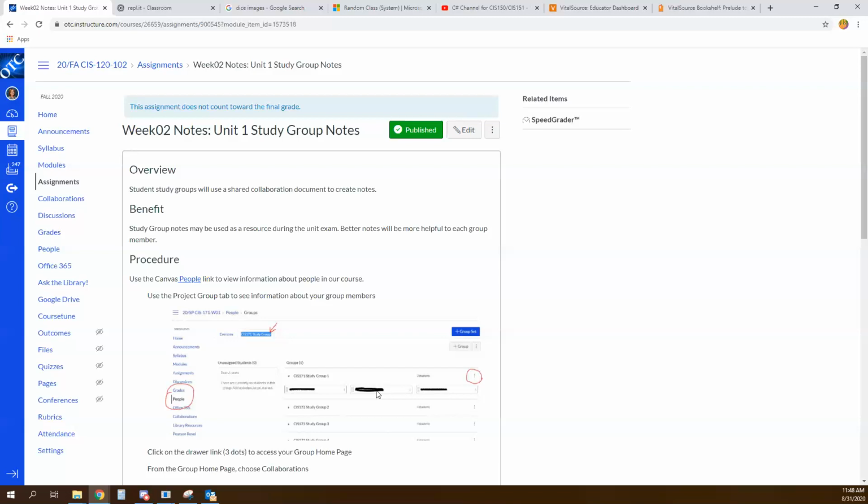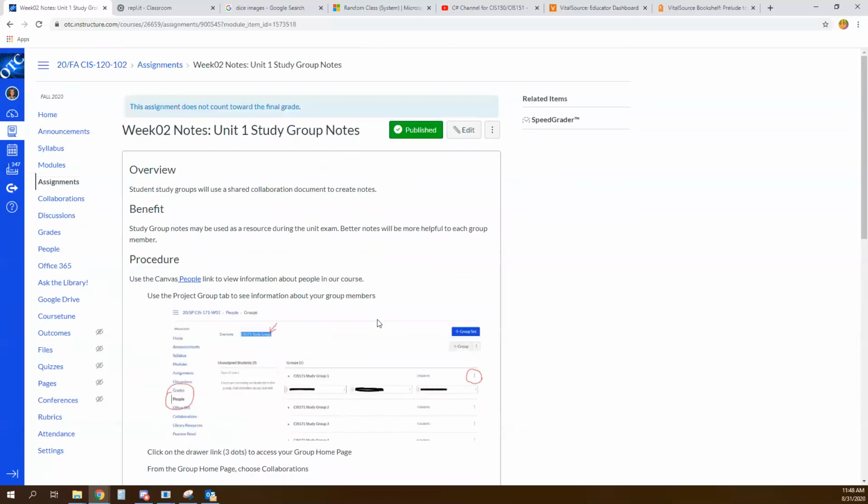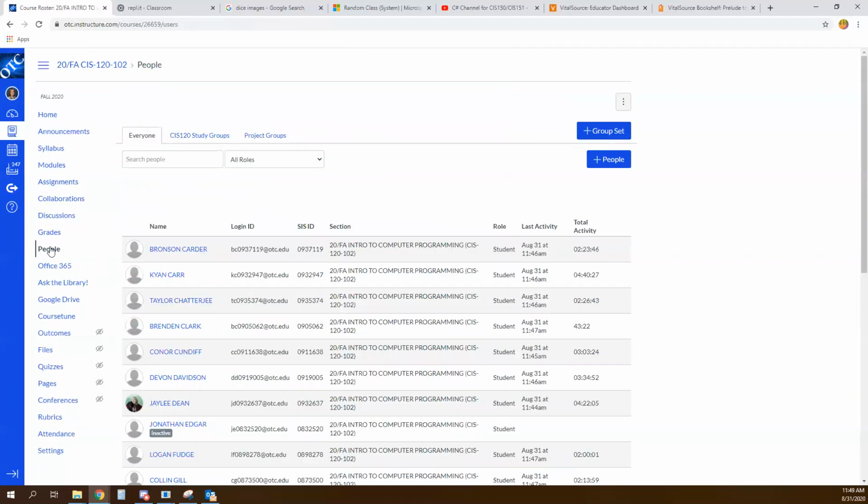So how can you find those? That's what this whole assignment is about. You don't have to do anything to this assignment. You don't have to turn it in. It's just for your information, for you to find where the shared notes are. So to find them, you're going to go to the people link. And then on the people link, you're going to click up here, CIS120 study groups.